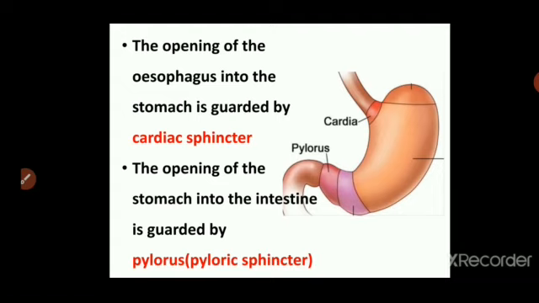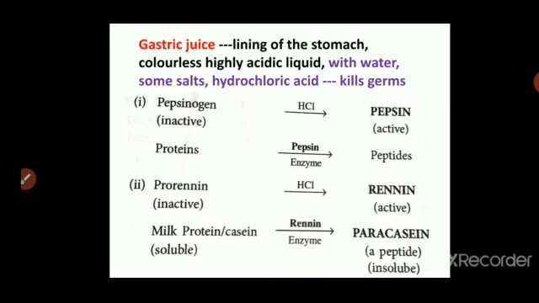Similarly, when the food enters from the stomach into the small intestine, that opening is also guarded by a valve-like structure called the pylorus or pyloric sphincter. These sphincters help to keep the food in the stomach and help in proper digestion.